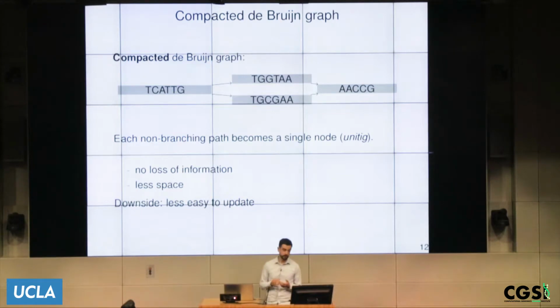There is no loss of information between the de Bruijn graph and compacted graphs. Compacted graphs take less space, but the downside is that they are slightly less easy to update. If you want to insert a k-mer, you might break a node into multiple nodes, and so on. So it's not clear exactly which of the two representations is better to work with, but the consensus so far was that compacted de Bruijn graphs were interesting in cases where there was no need to update the graph, so typically metagenome assembly.